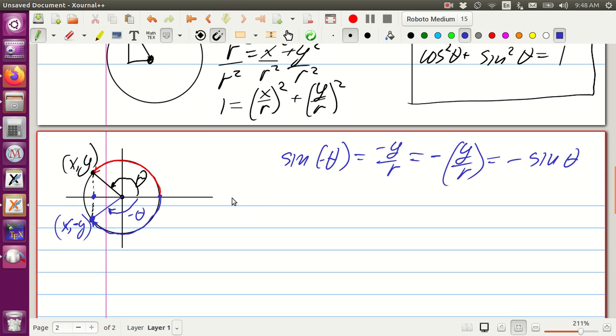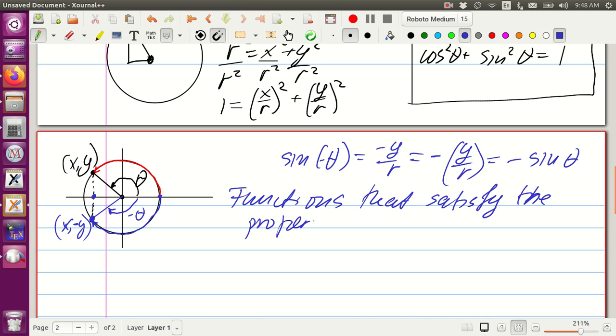And such functions that satisfy the property f of negative x is equal to negative f of x are called odd functions.